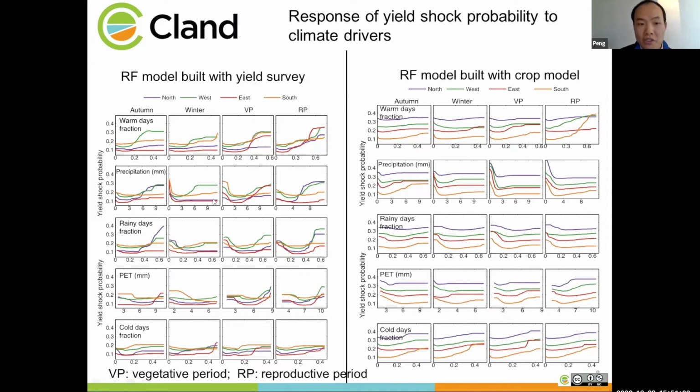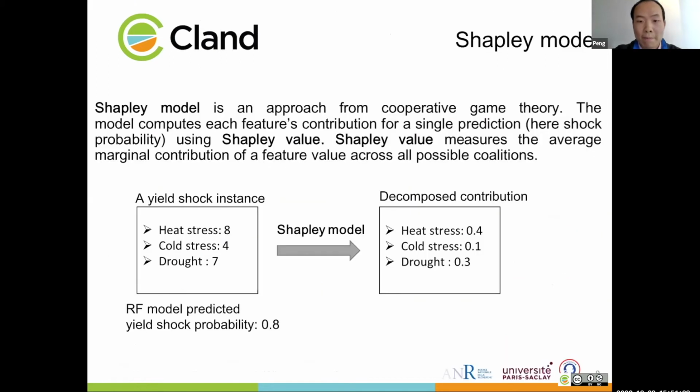And for the precipitation of rain days, the random forest based on the yield survey suggests both low and high precipitation of rain days correspond to a high yield shock probability, but the crop model can only capture the increase in yield shock from low precipitation of rain days. So that means the crop models might have a bias in the future yield shock probability prediction.